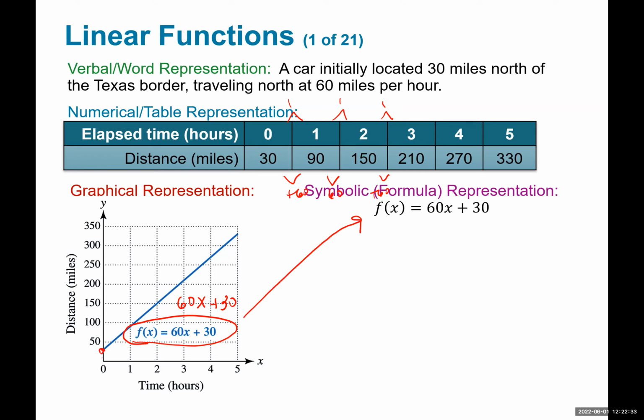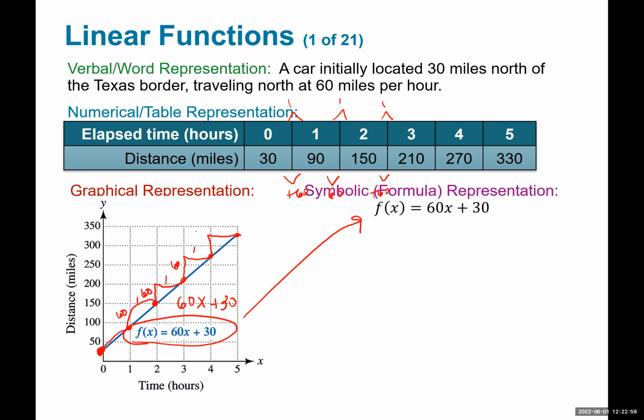Graphically, we can see that it started at 30, got to 90, then 150, up 60 and over. After 3 hours it's at 210, up another 60 and over, 270, up another 60 and over, 330. So every time you're going up 60 and over 1 hour.